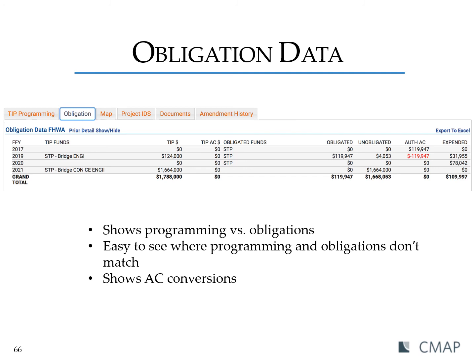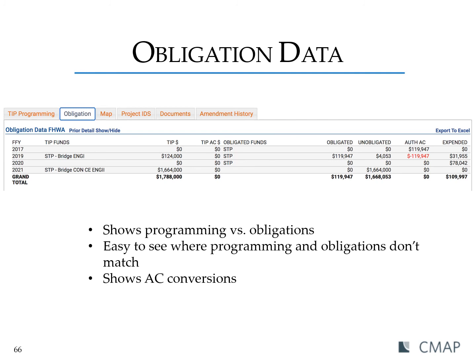So in this example here, we see that in 2017, there was an amount of about $120,000 in AC. This was converted in 2019, as seen by the negative red value in the AC column and a matching positive value in the obligated column.